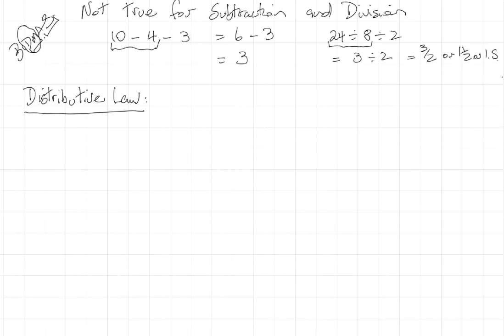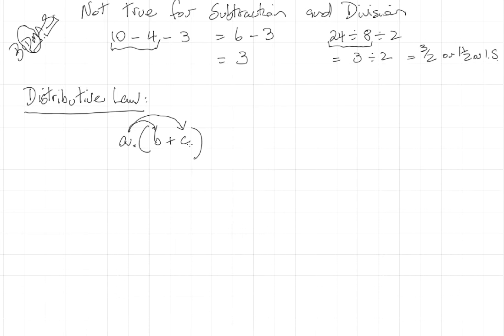Now there is another law called the distributive law. If we have something like that, the sign between the A and the brackets is understood to be a multiplication. Whatever is outside the bracket is distributed. This factor is distributed over every term inside.